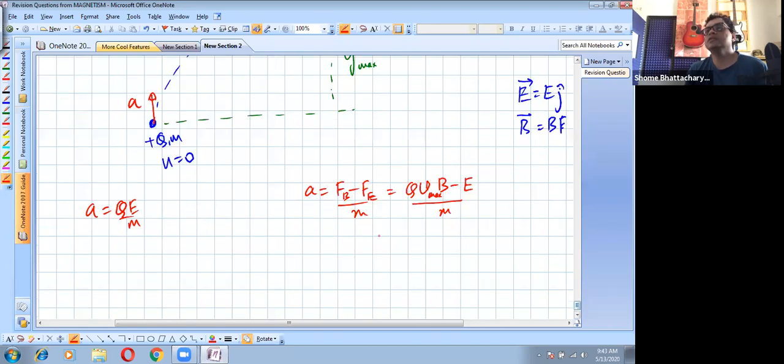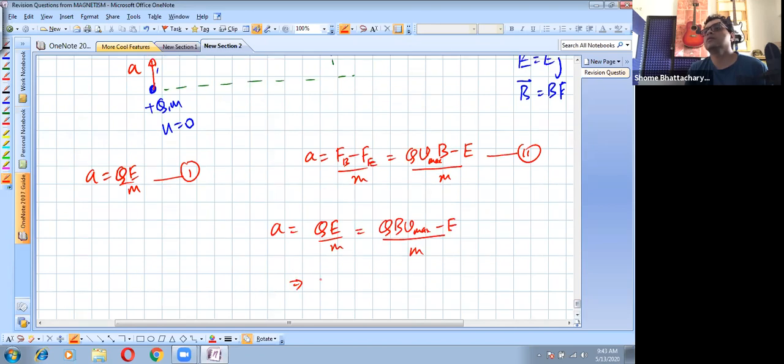Comparing these two, this is equation 1, this is equation 2, we get the value of V max as 2 times E by B. That's one thing done.